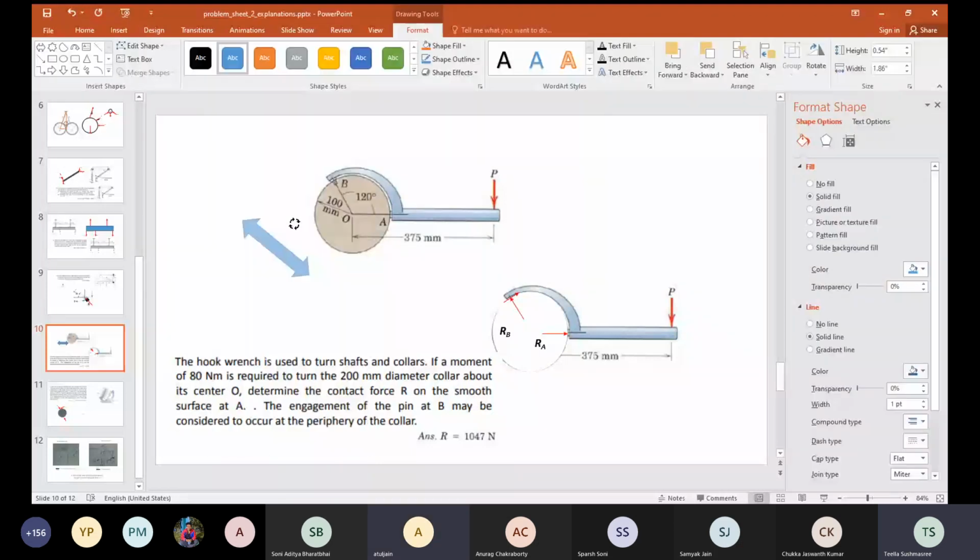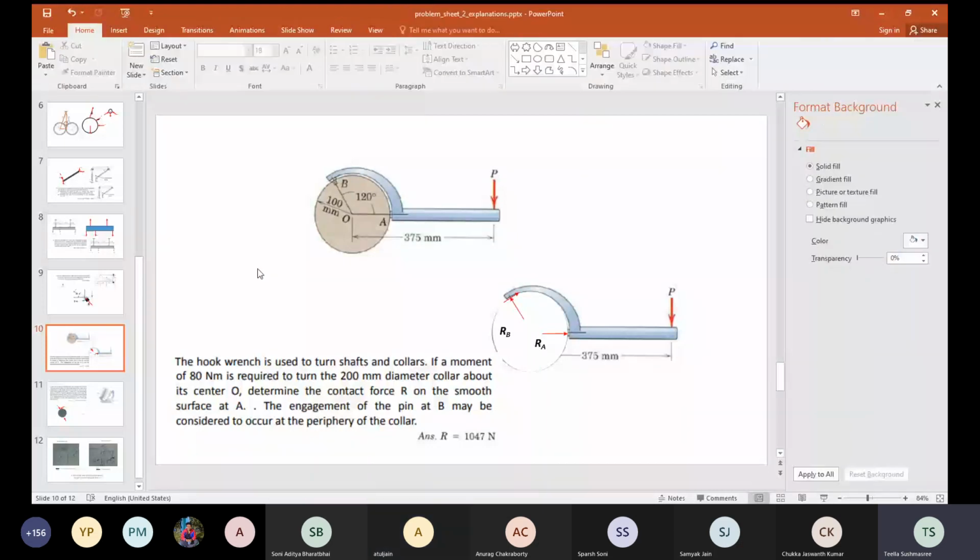Can the pin go up and down like this? No, because this circle will not allow. Similarly, can my pin travel in this direction? It won't allow because the wall of this shaft will not allow that. That's why you have tangential and normal. Okay, sir. Thank you.